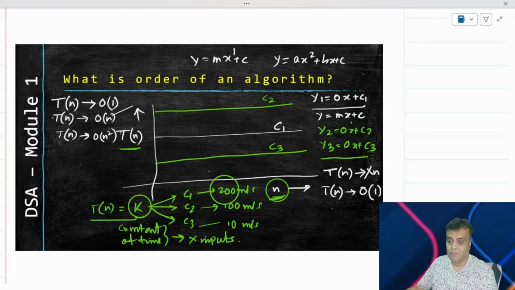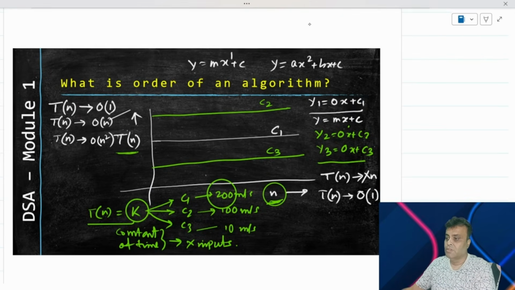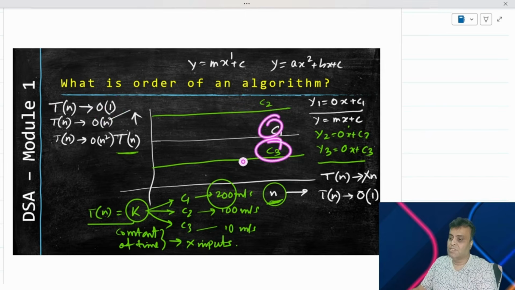So then we can establish that the time taken by an algorithm is typically of two kinds. One is constant, where it doesn't follow any kind of inputs that are given to it. None of these curves changes with the input.